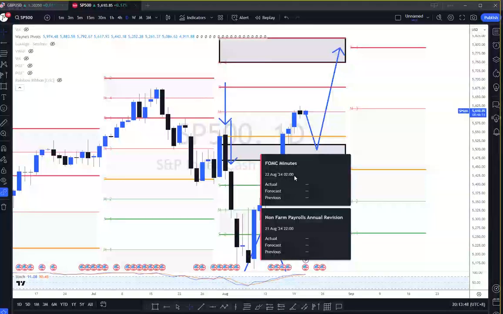Right, so this will give us a hint on whether or not rates will remain the same or be reduced. The likelihood of it going down now, I think, is 72% or in the high 70s.